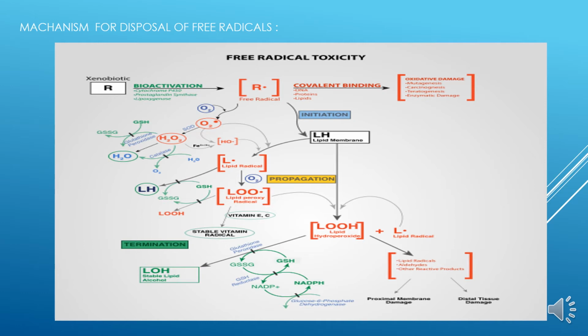The free radical then makes covalent bonds with DNA, proteins and lipids, and then they progress, then propagation, and after that lipid hydroperoxide plus lipid radicals, and they cause membrane damage, distal tissue damage. But glutathione peroxidase converts it into a stable lipid alcohol, and after that it gets terminated.